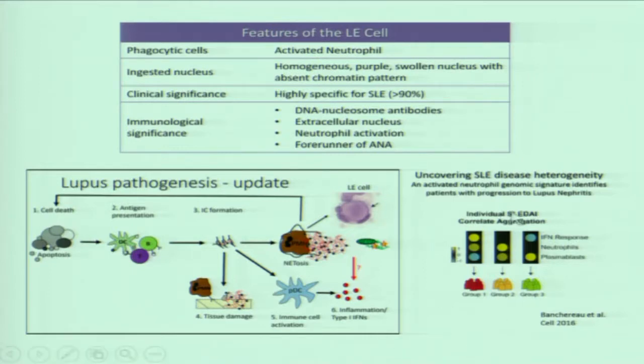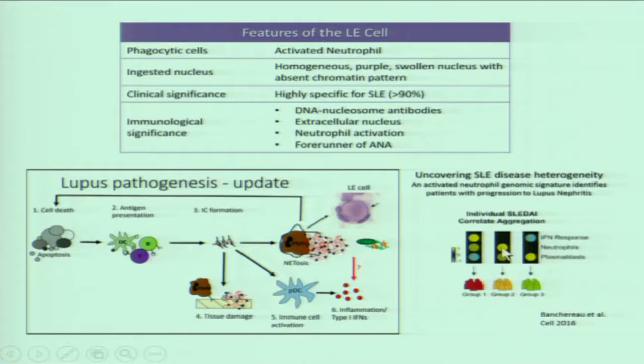So there's a lot of effort, illustrated here by this important paper in Cell in 2016, where whole blood genomics by transcriptional analysis was done of a large cohort of pediatric patients. And doing that, they were able to identify different groups of SLE that had different cellular responses.